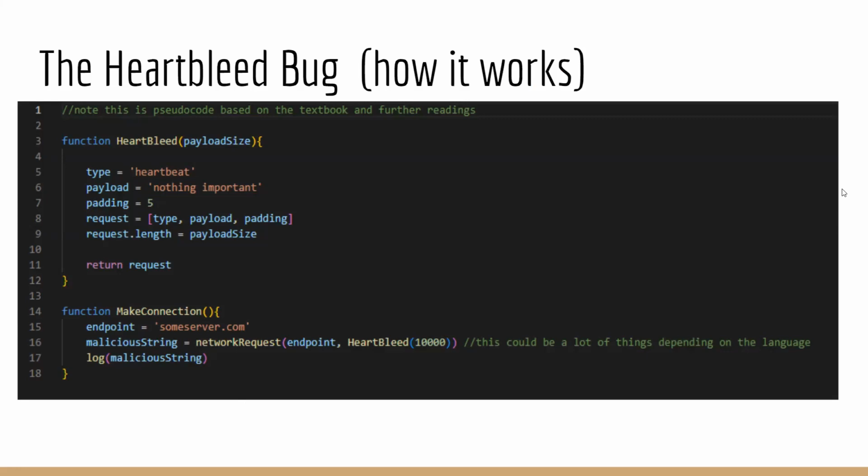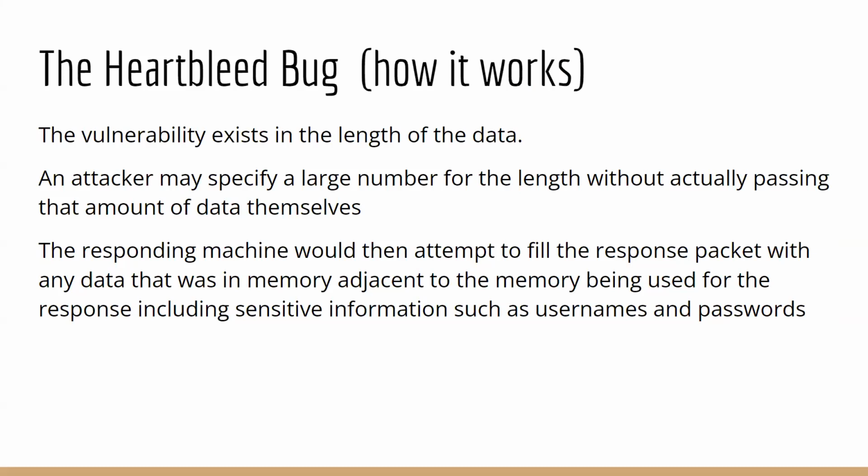However, I've specified that the size of this request is 10,000 bytes as opposed to, say, 10. And the vulnerability is because of the length specified there. The attacker would ask for a much larger length of data than what they had actually passed.